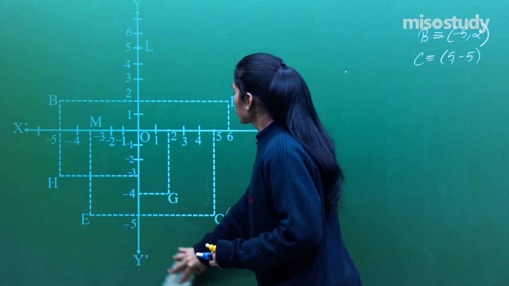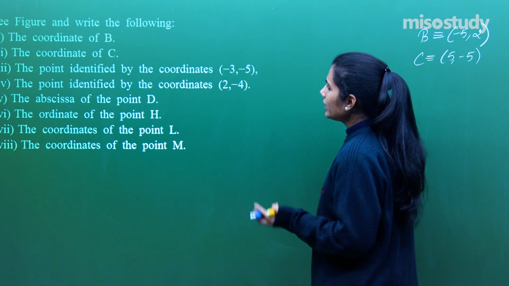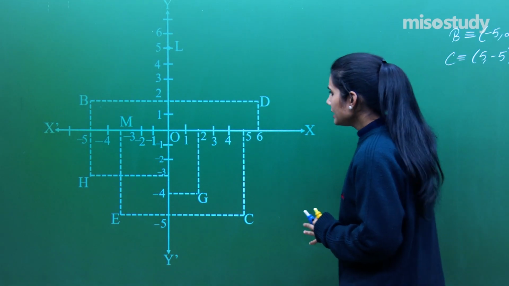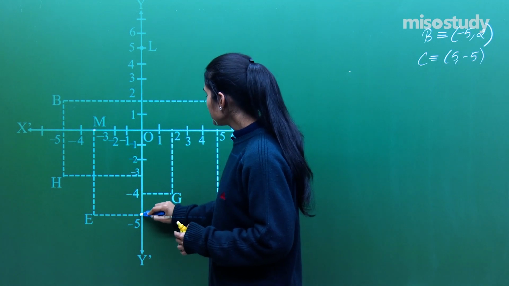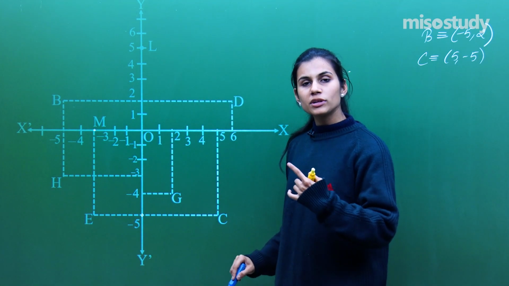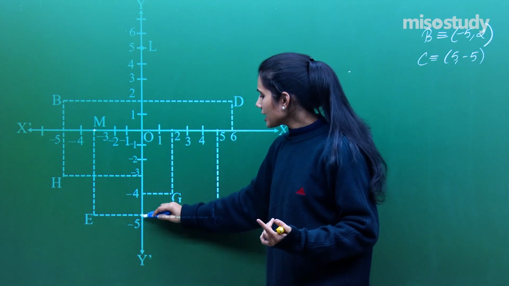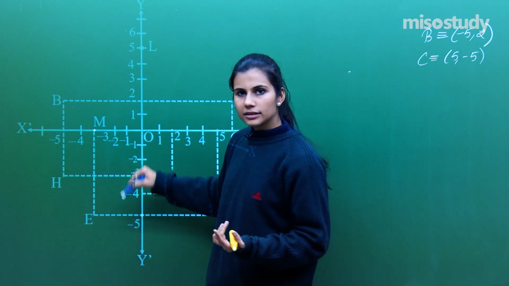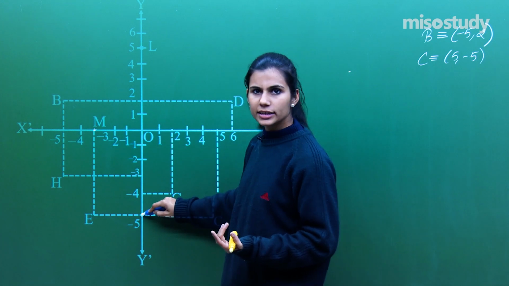Moving to the next query of this question, it says the point identified by the coordinates -3, -5. -3 is here, -5. -3, -5 means 3 units along the negative x-axis, so you reach here, and 5 units along the negative y-axis, so you reach here. Clear? How do you get the point whose x coordinate is -3, y coordinate is -5?